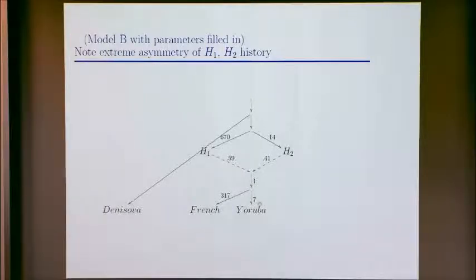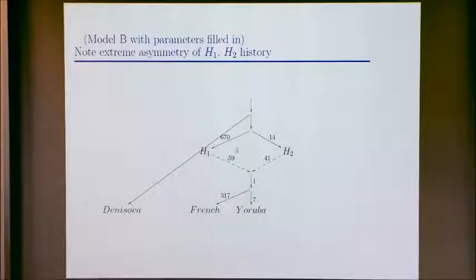Not much happens on the Yoruba branch after the merge, because we have every reason to think that for the last 100,000 years anyway, the Yoruba effective population size has been quite big, and this is the out of Africa event.